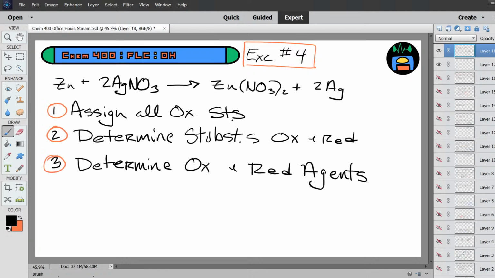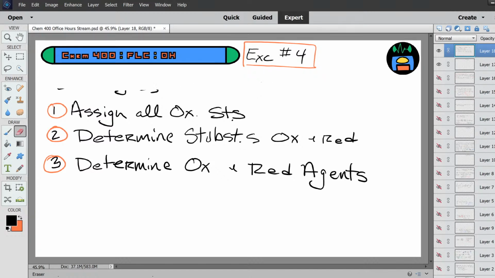All right, hang on. I'll just rewrite the equation.